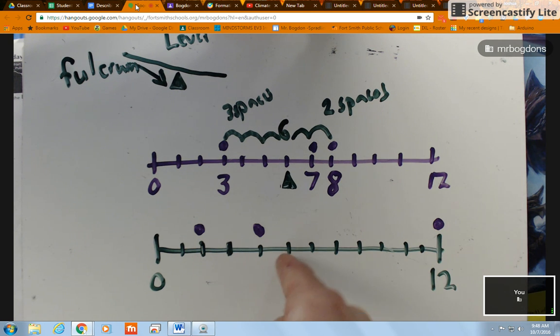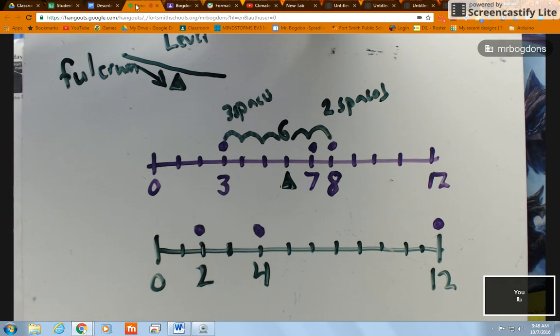So if I was balancing these on my finger, would it make more sense to put it near the 12 or near the 2 and the 4? Is it going to be closer to the small values or to the big value? Small value. Why would it be closer to the small value?